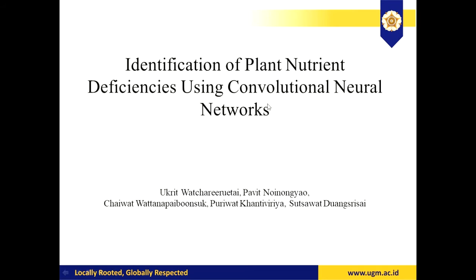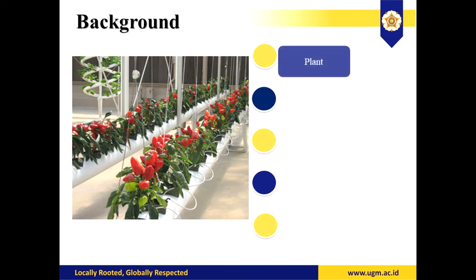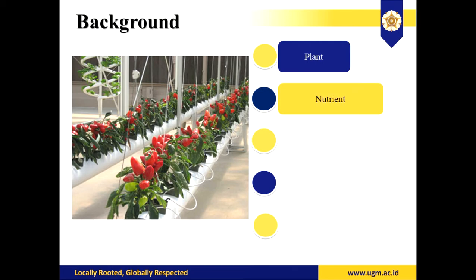Here I would like to explain an example case. The title is Identification of Plant Nutrient Deficiencies Using Convolutional Neural Network. As we know, a plant is a living thing that grows in earth and has a stem, leaves, roots, and maybe flowers or fruits. And hydroponic is a farming system that uses water as a growing media.